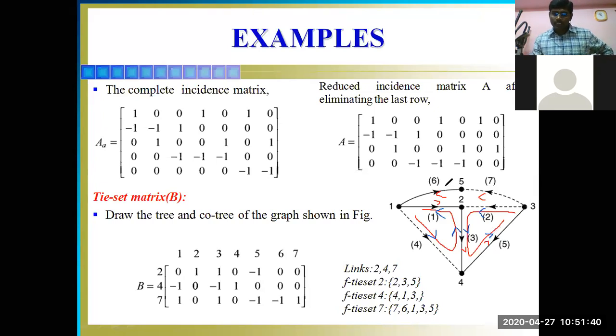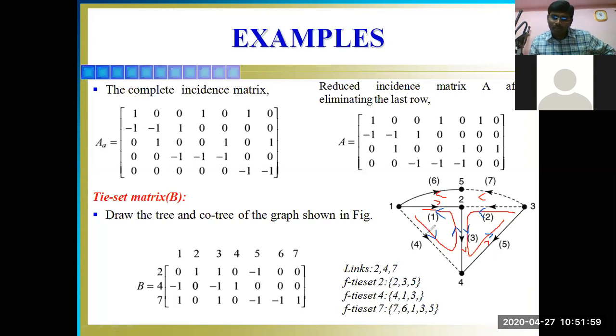Now see 2, 3, 5. For 2, same direction; for 3, same direction; but for 5, these two are opposite. Therefore, for 5 it is -1, and for 2 and 3 it is +1. Remaining all are zeros.